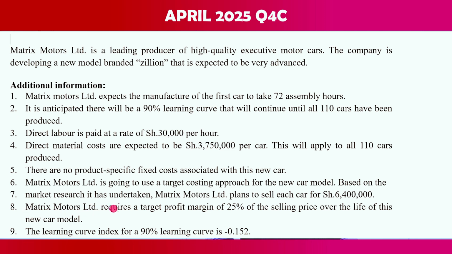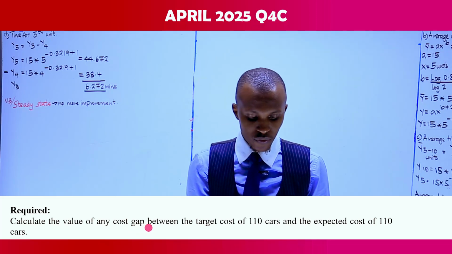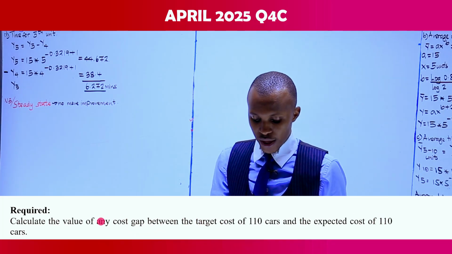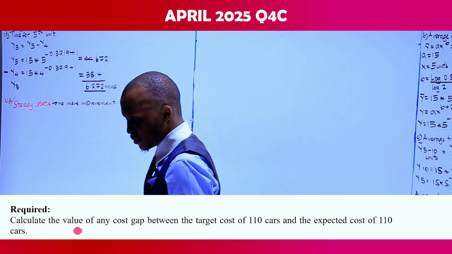Matrix Motors requires a target profit margin of 25% of the selling price over the life of this new car model. The learning curve index for 90% learning curve is negative 0.152. Calculate the value of any cost gap between the target cost of 110 and the expected cost of 110.